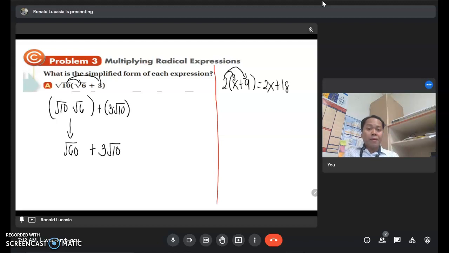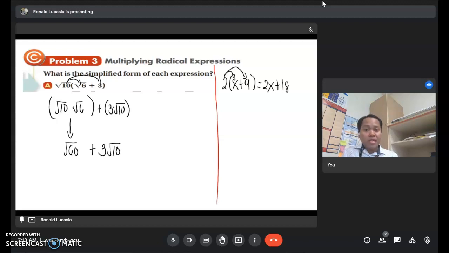We cannot multiply 3 and square root of 10 because 3 doesn't have the radical. Careful with it, that 3 times the square root of 10 is not 30. Okay? 3 times square root of 10 is 3 square root of 10.